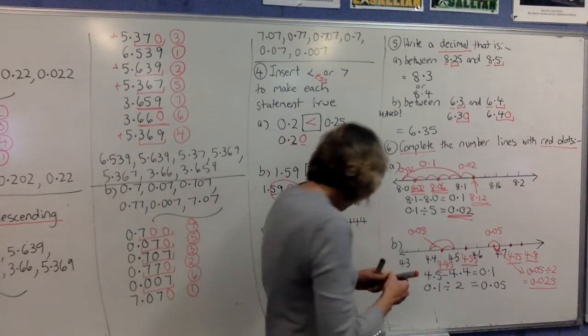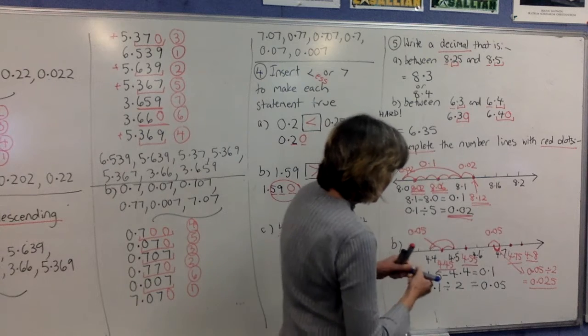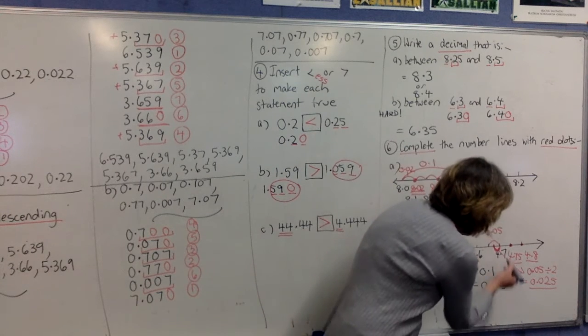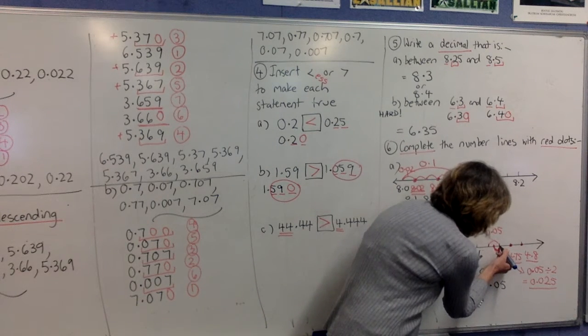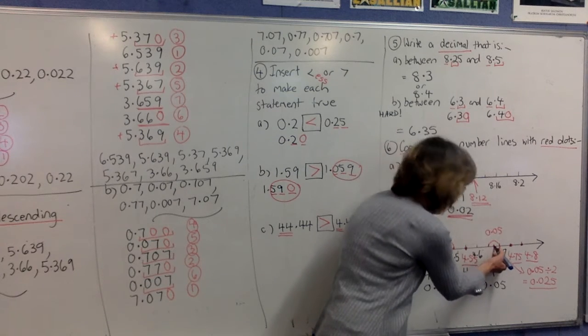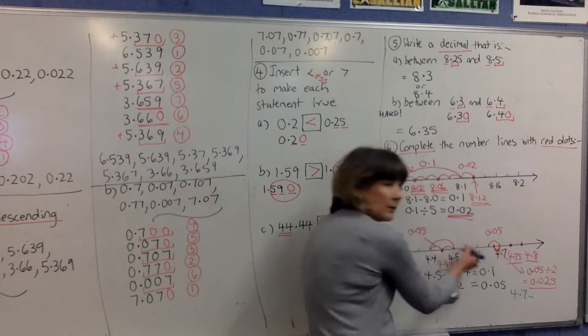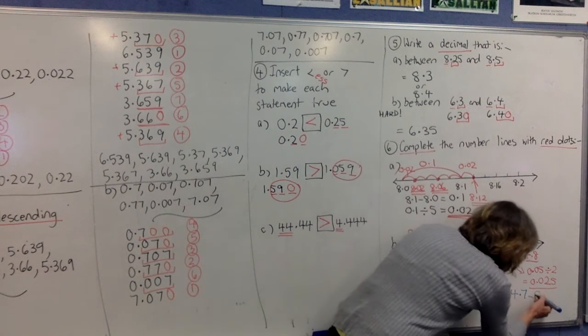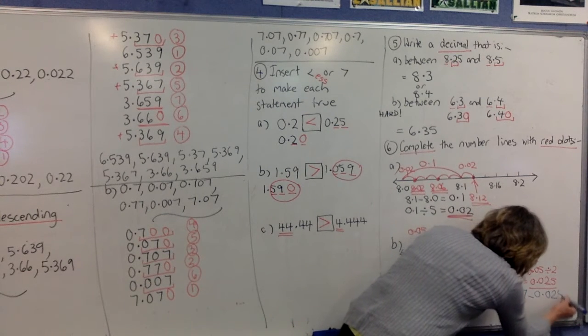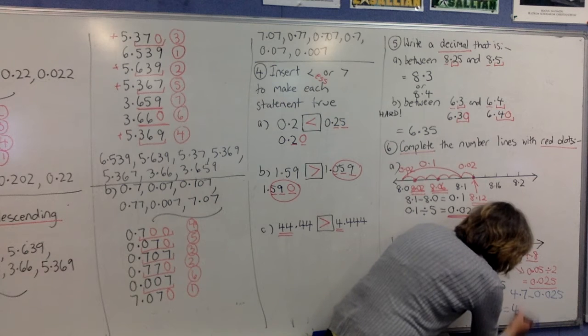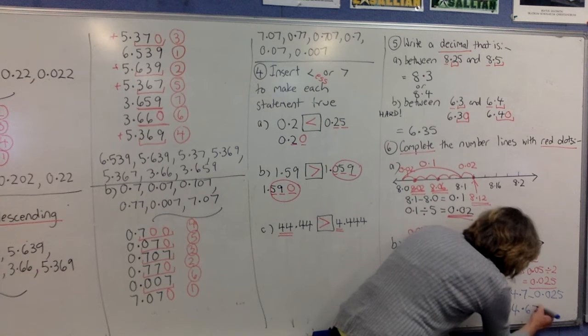So the best way of getting there is to just go, well, all right, I'm going to start at the 4.7 and I'm going to go backwards to that point. So I'm going to do 4.7 and I'm going to take off, because I'm going the other way now, 0.025. And your calculator will give you 4.675.